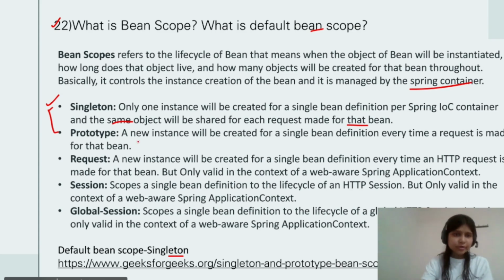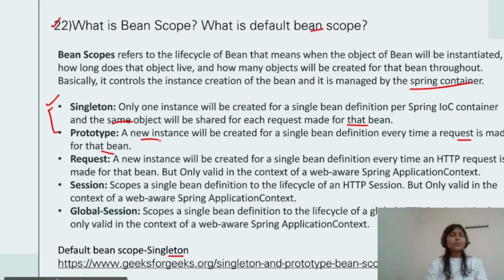In prototype scope, a new instance will be created for a single bean definition every time a request is made for that bean. So what is the difference? Here every time we are returning a new instance, every time we make a request.